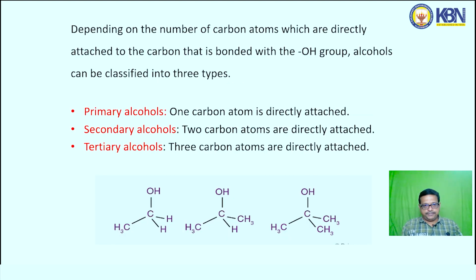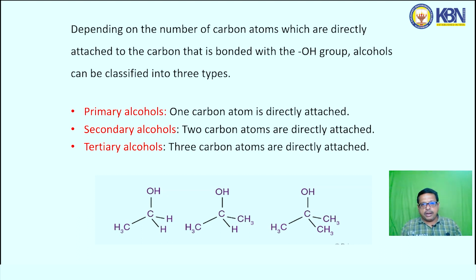The next one is, depending upon the number of carbon atoms which are directly attached to the carbon atom that is bonded with the OH group, alcohols can be classified into three types. They are primary alcohols, secondary alcohols, and tertiary alcohols.